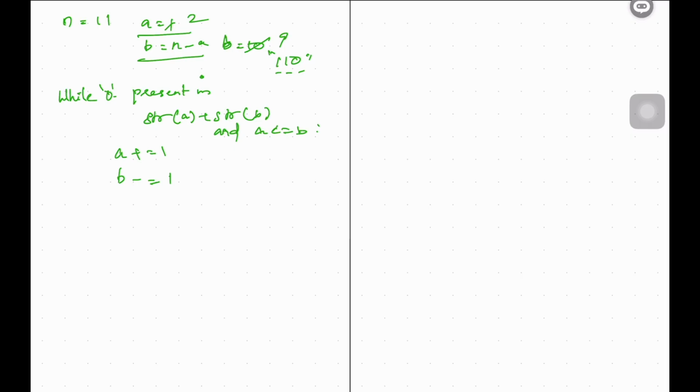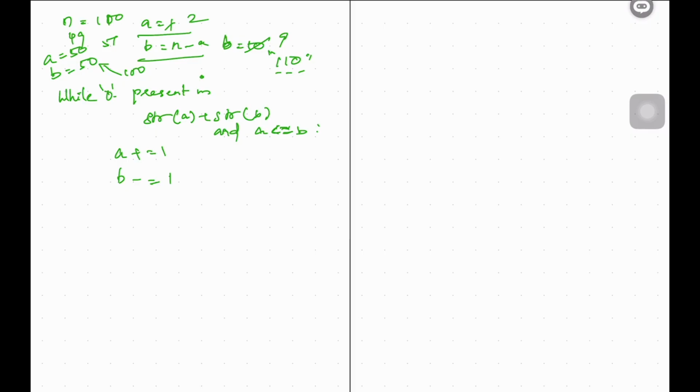For example, if a goes to 50 and our n is 100, b will be 50. So we would already have calculated from 100 to 50, right? There is no point in calculating again with 51 and 49, because we would have already calculated that.